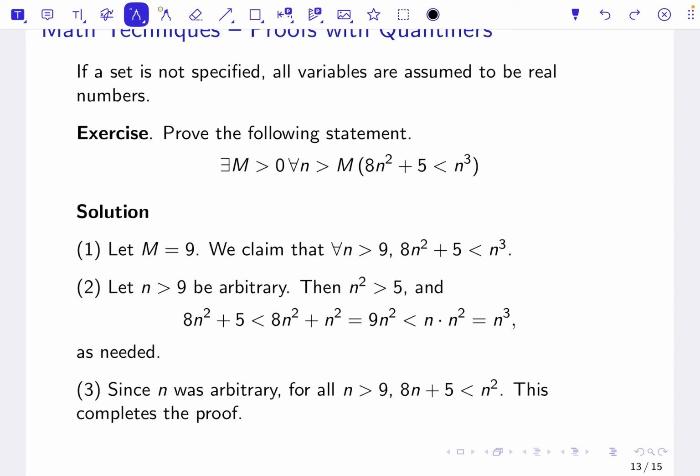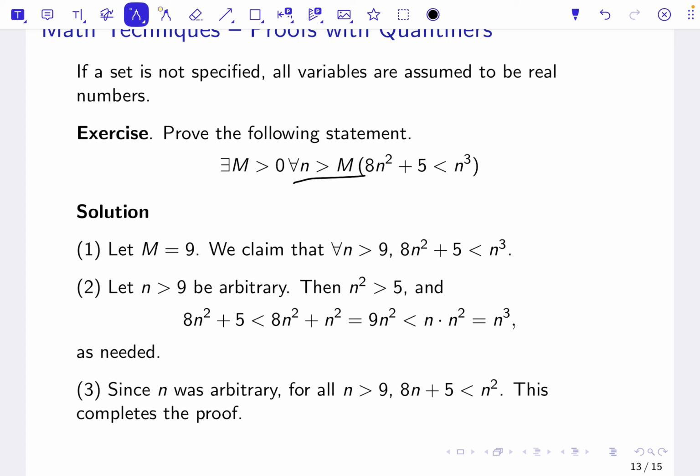Okay. There exists an m such that for all n greater than m, this is true. This means that our goal, starting from the original inequality, is going to be to find a statement in the form of n is greater than something.